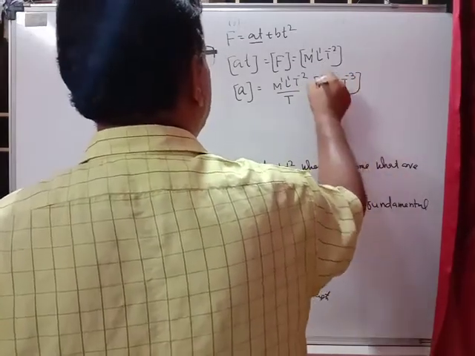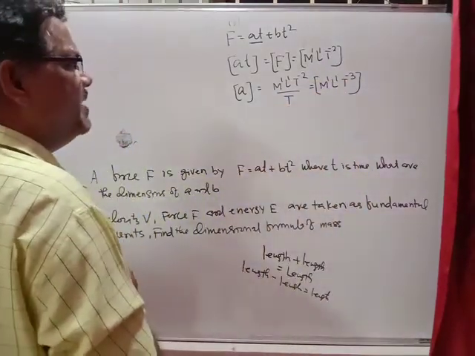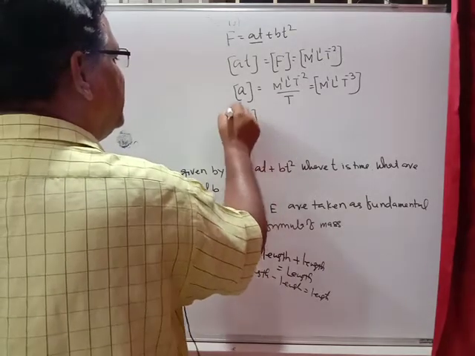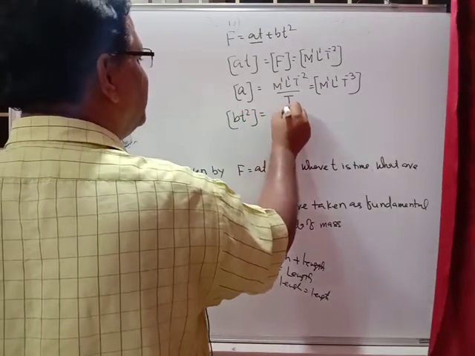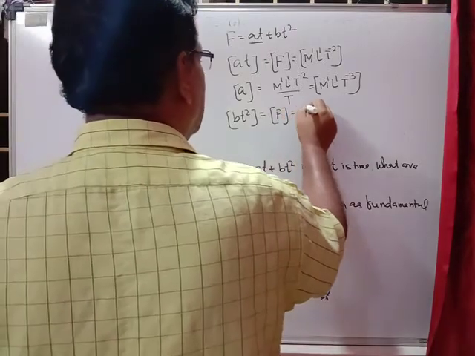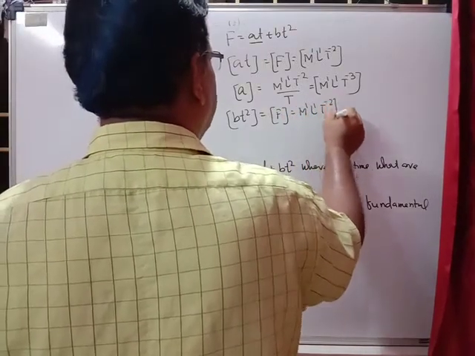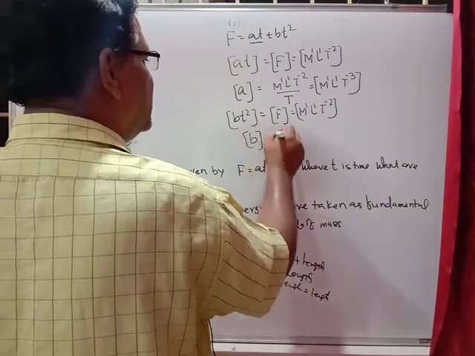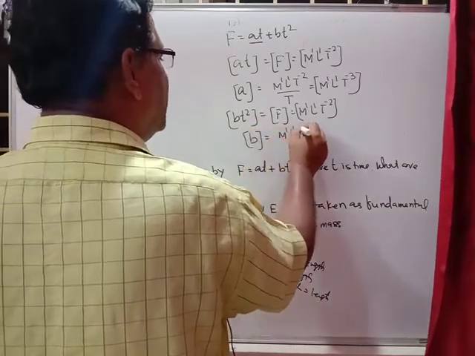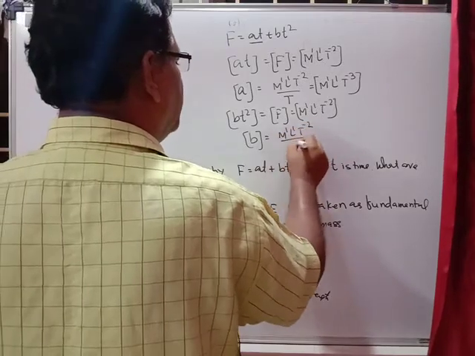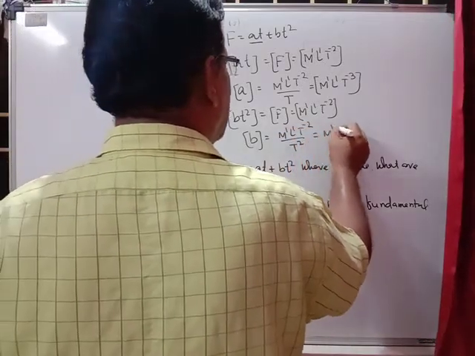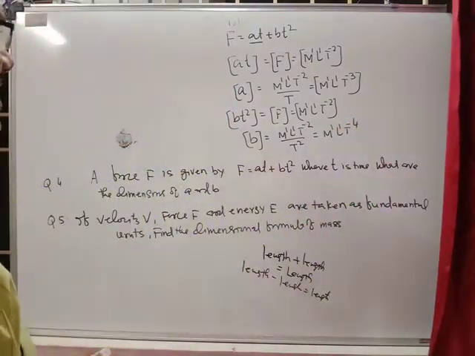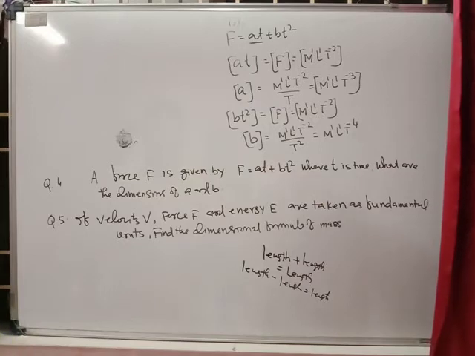In the same manner, the dimensional formula of BT square equals that of F, M1 L1 T minus 2, so the dimensional formula of B equals M1 L1 T minus 2 upon T square, which is M1 L1 T minus 4. In this manner you can calculate the dimensional formula of A and of B.